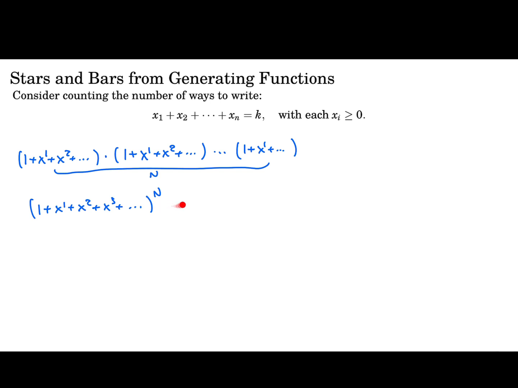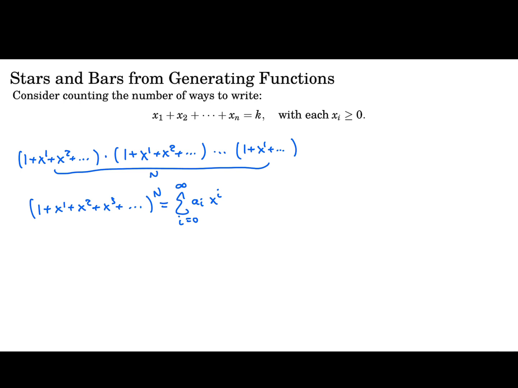If we write this as the summation of a_i x to the i, so that we don't confuse it with the n here, from i equal to 0 to infinity, then this sequence a_i is essentially counting the solutions to our problem. It's counting how many ways we can do that.